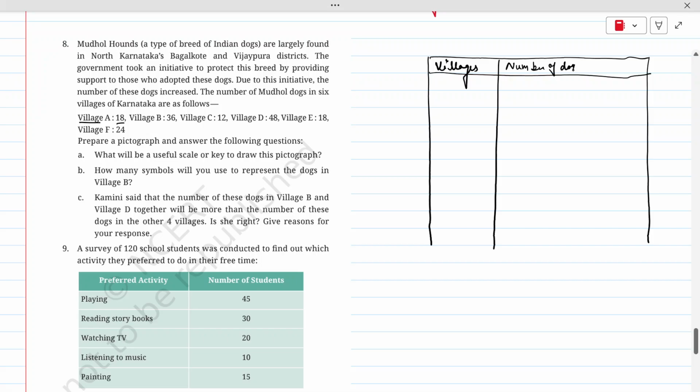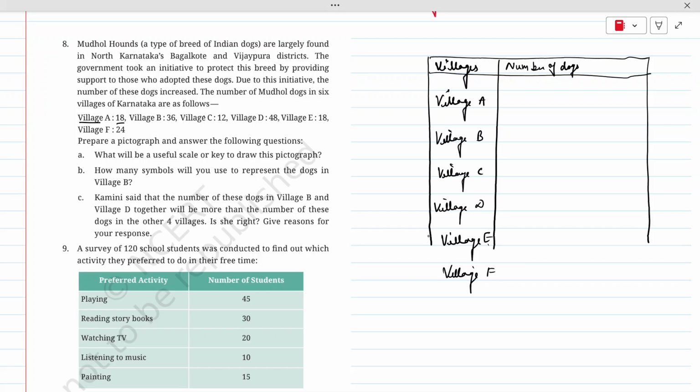Number of dogs. We have 6 villages. Village A, then village B, village C, village D, village E, and village F.